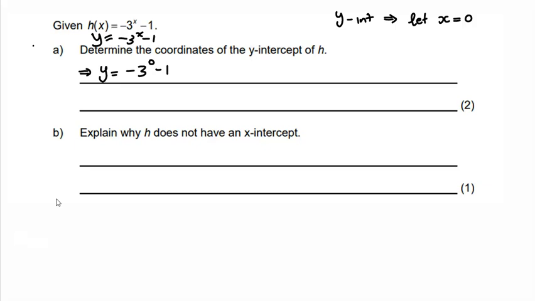Now you need to be very careful when you punch this on the calculator, as minus 3 to the power 0. Remember that the original equation, the standard form for an exponential function, is in the form y equals a multiplied by b to the power x plus q.